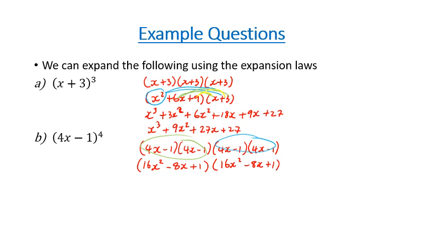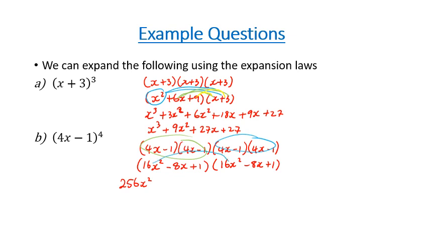And now I can simply multiply each term in each bracket and then collect like terms. So 16x squared times 16x squared is going to be 256x squared. Alright, so that was that.